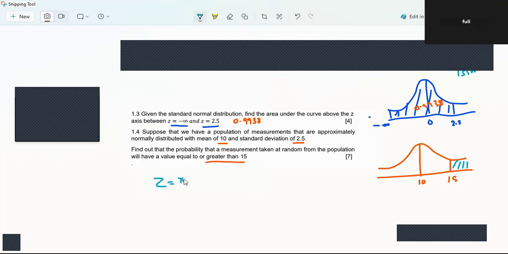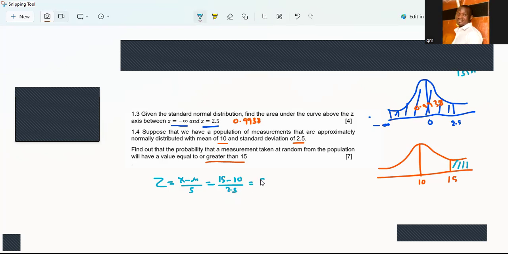How do you standardize? Using the formula Z equals X minus mu over standard deviation. What is our X? 15. Our mu is 10, and our standard deviation is 2.5. So we have 5 over 2.5.